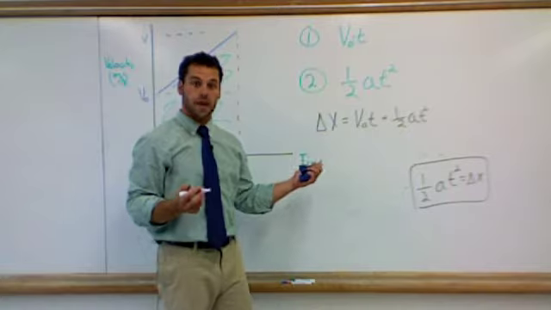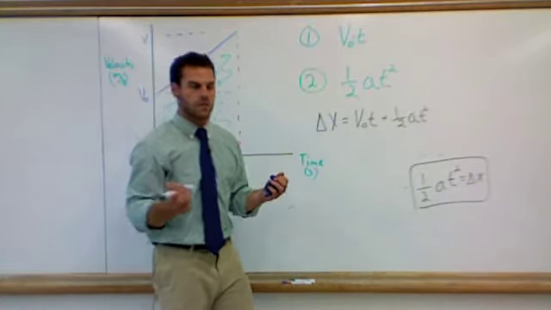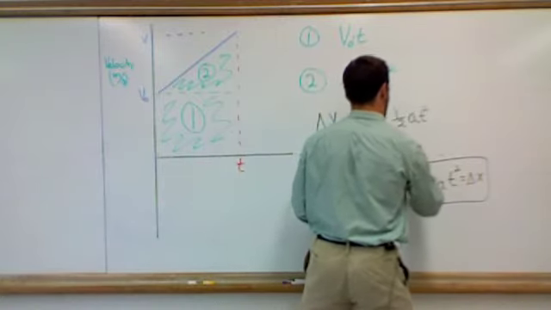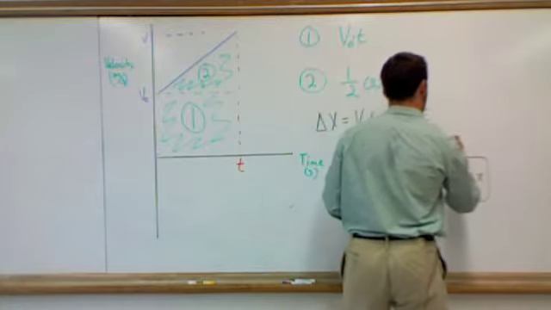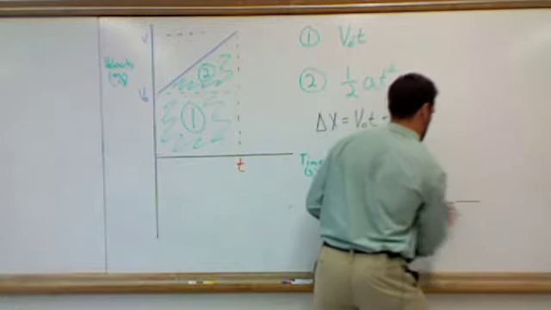We can split that up to put it into the more common form of the equation that you see: x is equal to x naught plus v naught t plus 1/2 a t squared.